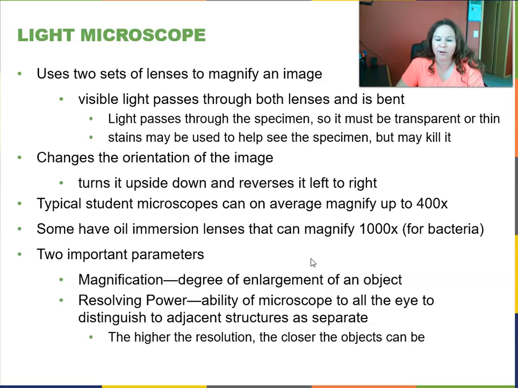And resolving power, the ability of the microscope itself to distinguish between two different points or separate two different structures. The higher the resolution of the microscope, then the closer the objects can actually be, and you can distinguish them from one another.